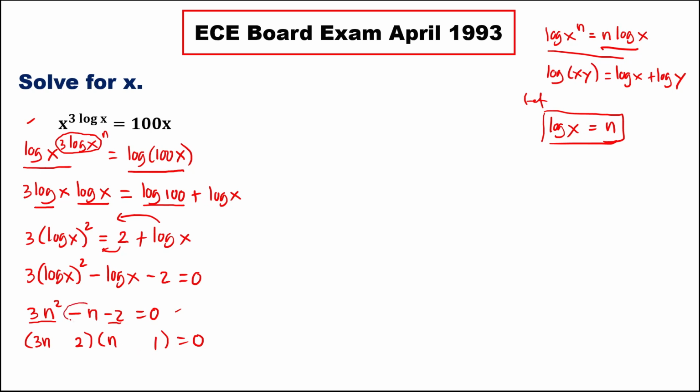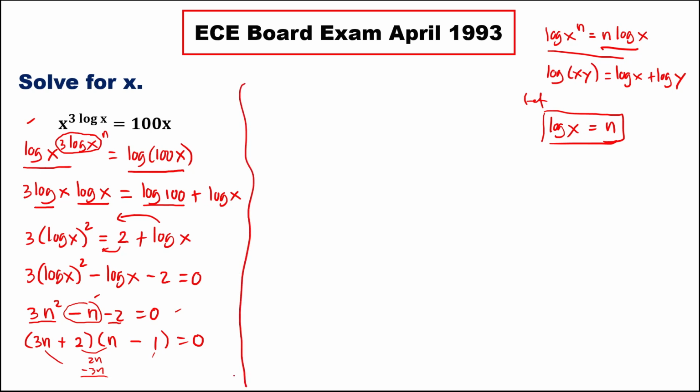Now since the middle term is negative n, one factor is negative and the other is positive. To check the factors, we have 2 times n, that's 2n, and 3 times negative 1, that's negative 3n. When we add, the sum is negative n.